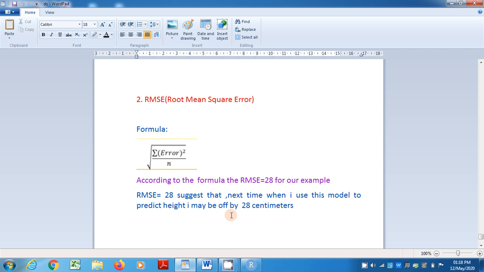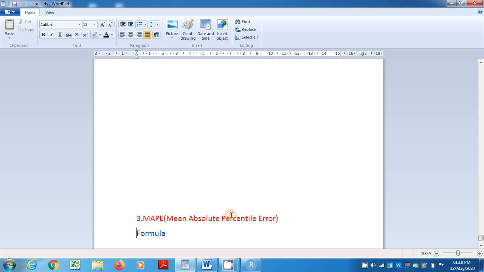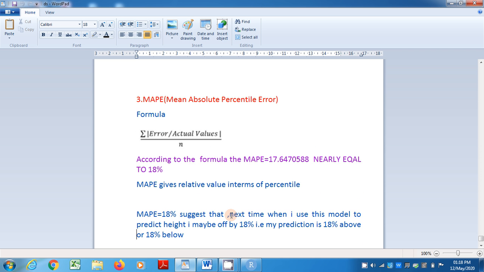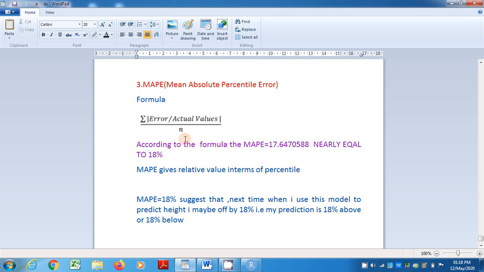If I want the percentage, how much percentage is my model accurate? This one is important: MAPE, mean absolute percentage error. Here the sum of errors divided by actual values, divided by n.